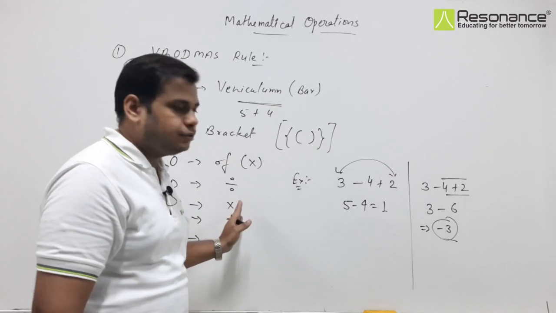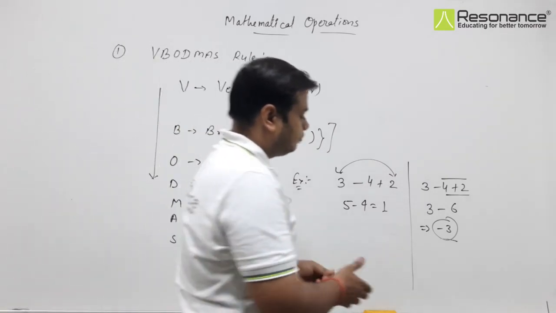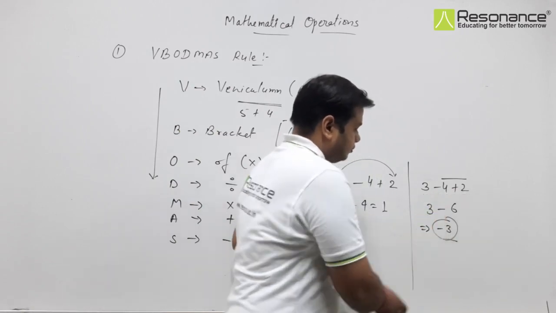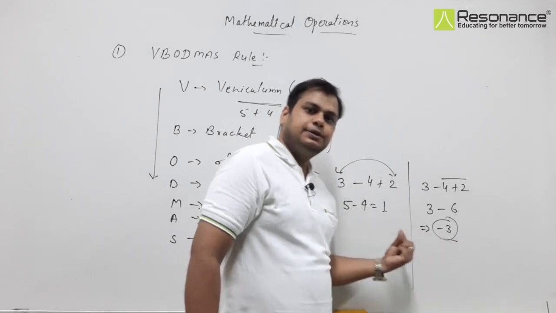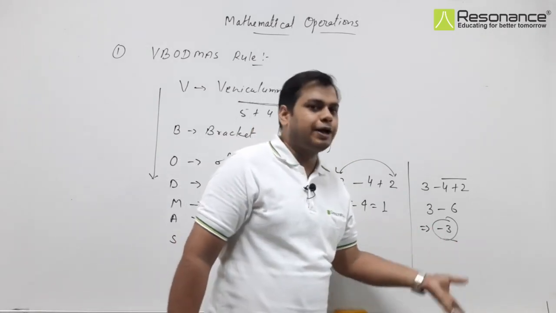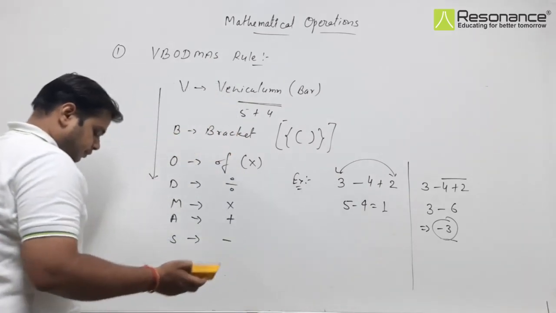So we have to follow these mathematical operations in sequence. This is the work of vinculum. Due to vinculum, the answer is completely changed from plus 1 to minus 3. Okay. So we have to follow this.